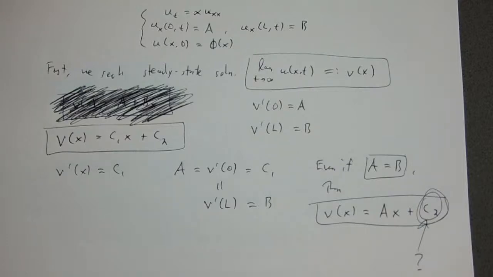And all of this, of course, is because you had Neumann conditions on the derivative, and you had no condition on v itself.